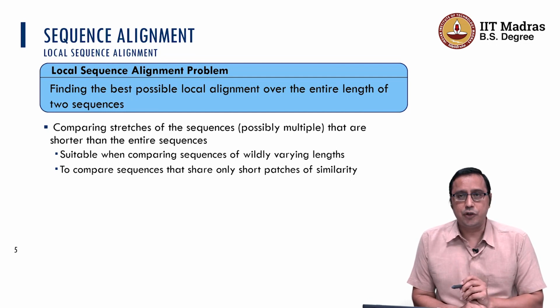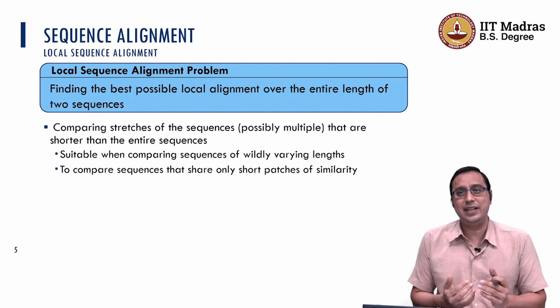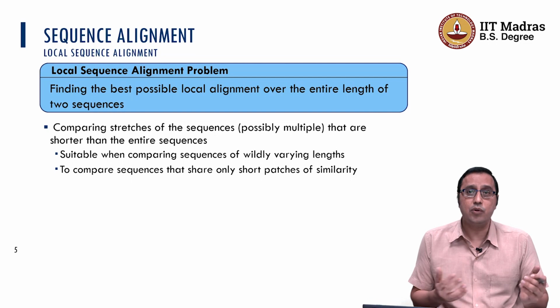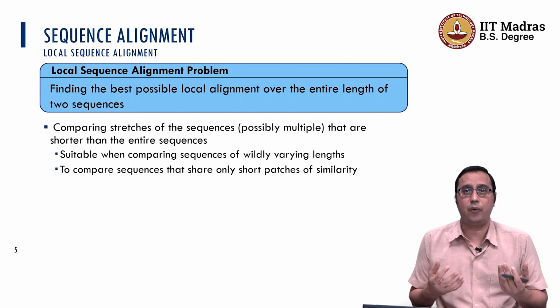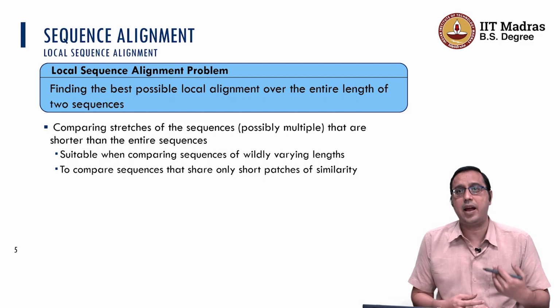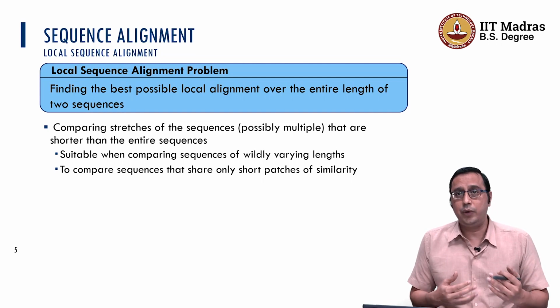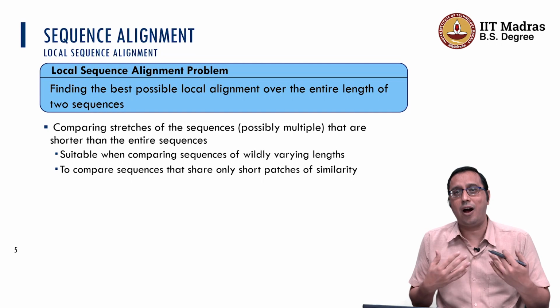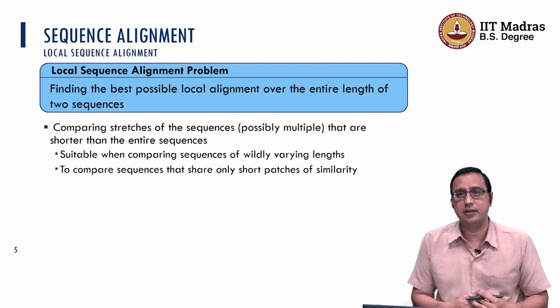It is suitable when we are comparing sequences of widely varying lengths. So one is, say, 1000 or 2000 and one is 100, almost 10 times, 20 times. And you will realize that this magnitude will get larger and larger when we discuss real sequences, particularly human genomes or other genomes.